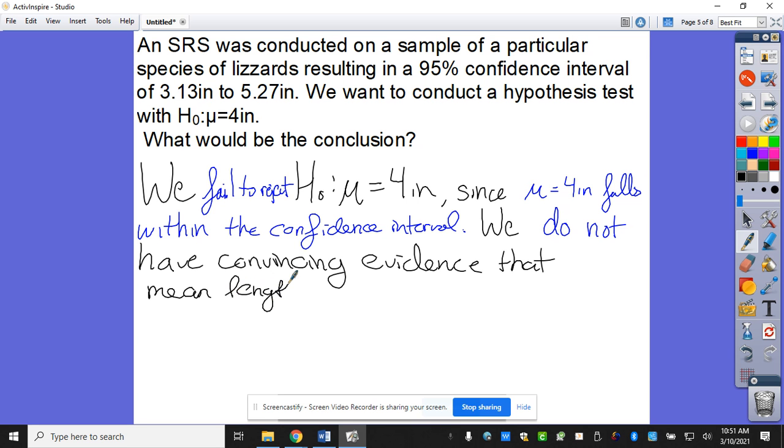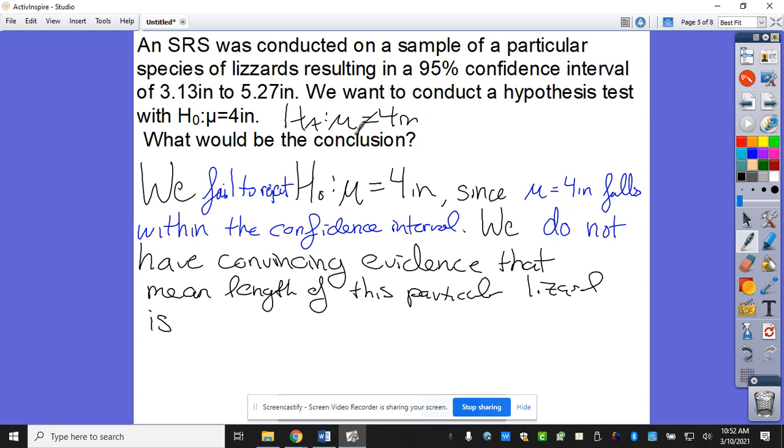Should have said length up there. This particular lizard, correctly spelled, apparently. That looks funny. We do not have convincing evidence that the mean length of this particular lizard, what? So I just say that in words. Different, not equal to, whichever way you want to say it.